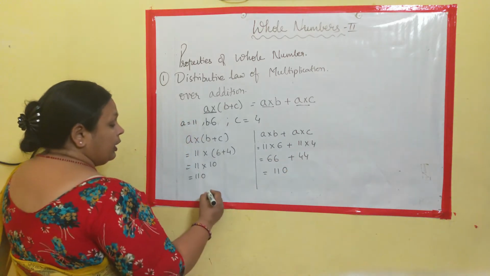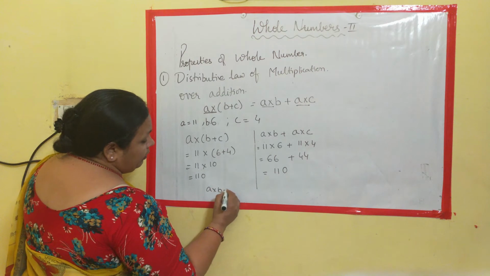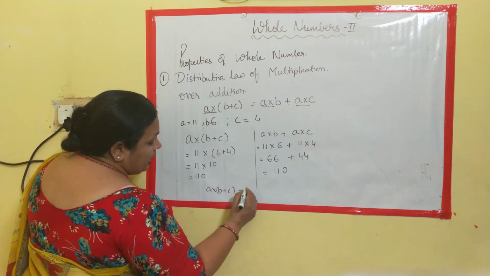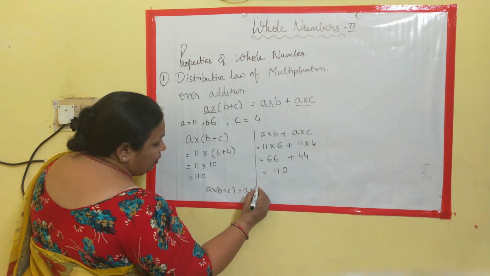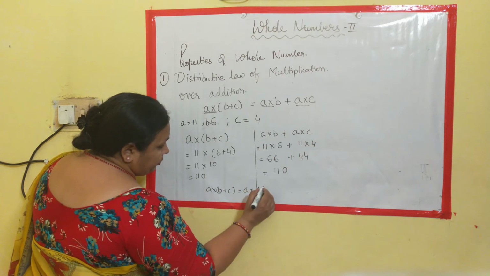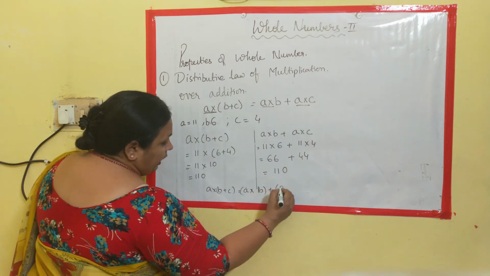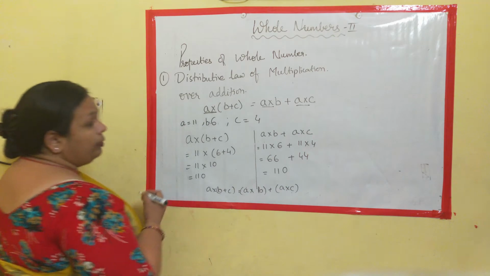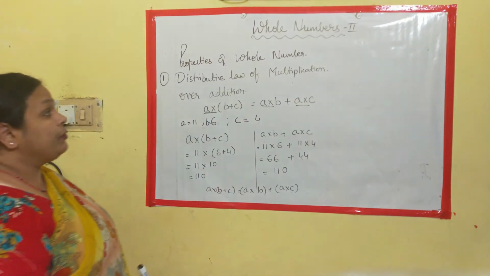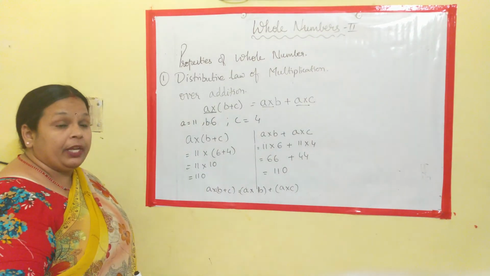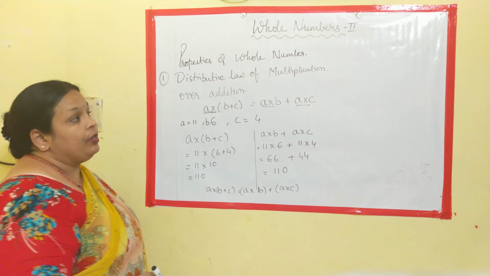So now we can say that A into B plus C is equal to A into B plus A into C. Clear? So this we have seen, distributive law of multiplication over addition.